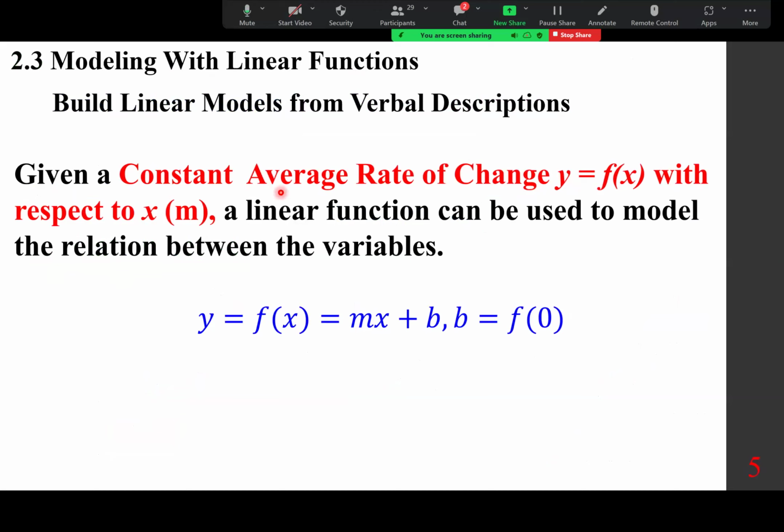Given a constant average rate of change of y equals f of x with respect to x, or the slope, a linear function can be used to model the relation between the variables, y equals f of x equals mx plus b, where b is f of 0, the y-intercept.